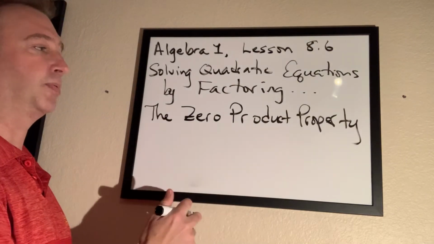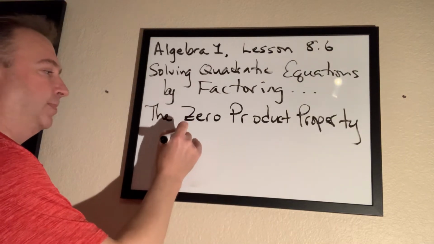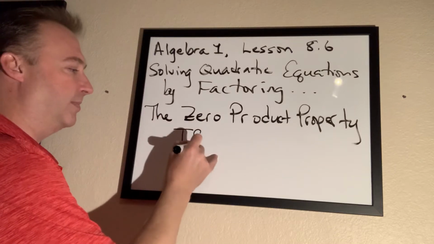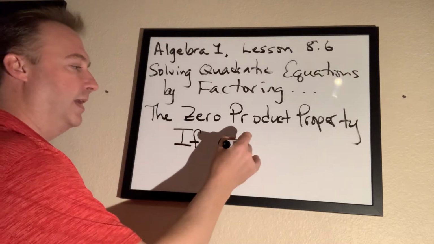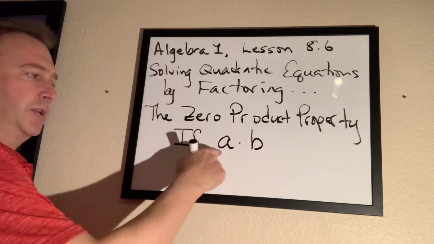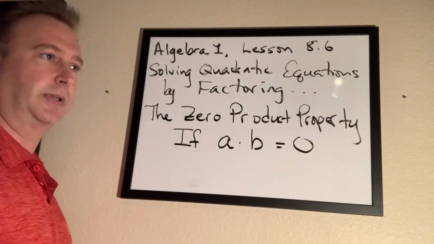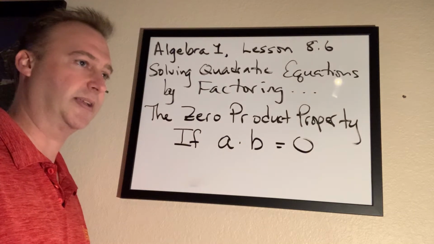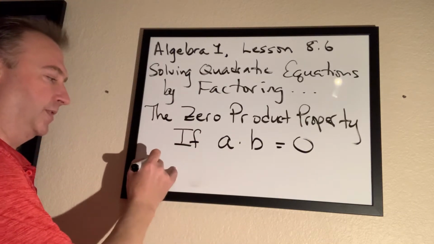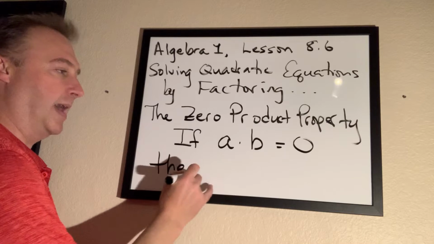The zero product property simply says this: for all real numbers a and b, if a times b equals 0. Now just think for a second what has to be true as we finish the conclusion for this property. Then what has to be true?